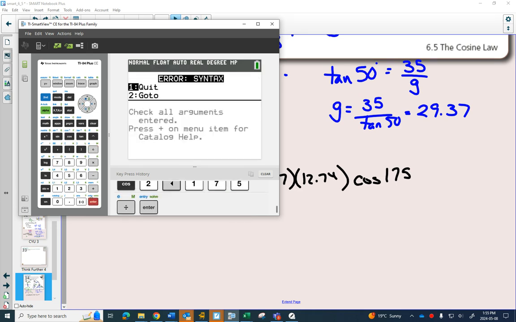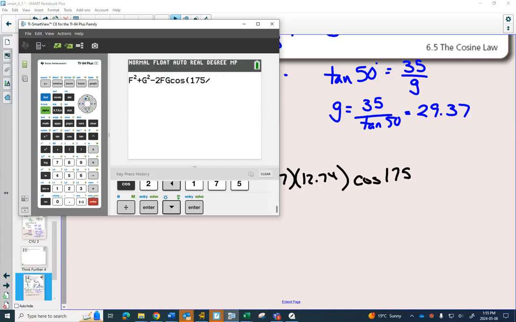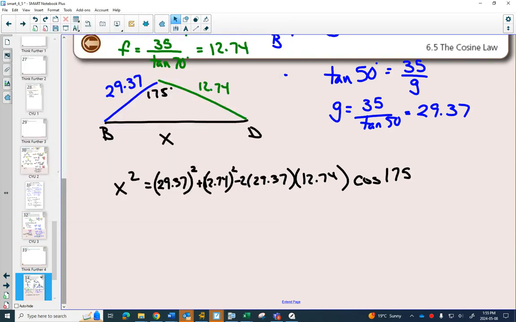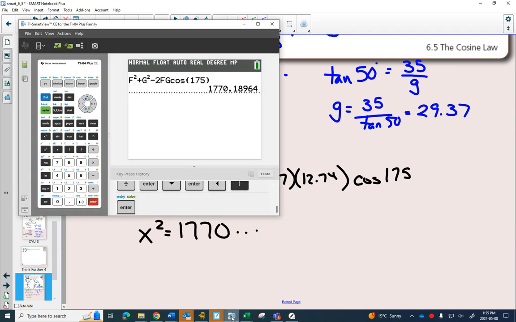Did you see how I did the wrong bracket? So x squared is 1770, and I can just square root that or put it to the power of 0.5. Same thing as square rooting, and I get 42.1.